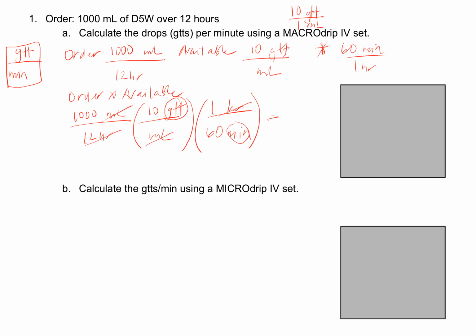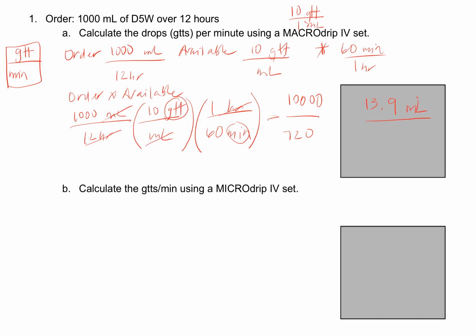So let's go ahead and do the math. 1,000 times 10 is 10,000. And we have 12 times 60, 720. So 10,000 divided by 720 is 13.9 mLs.